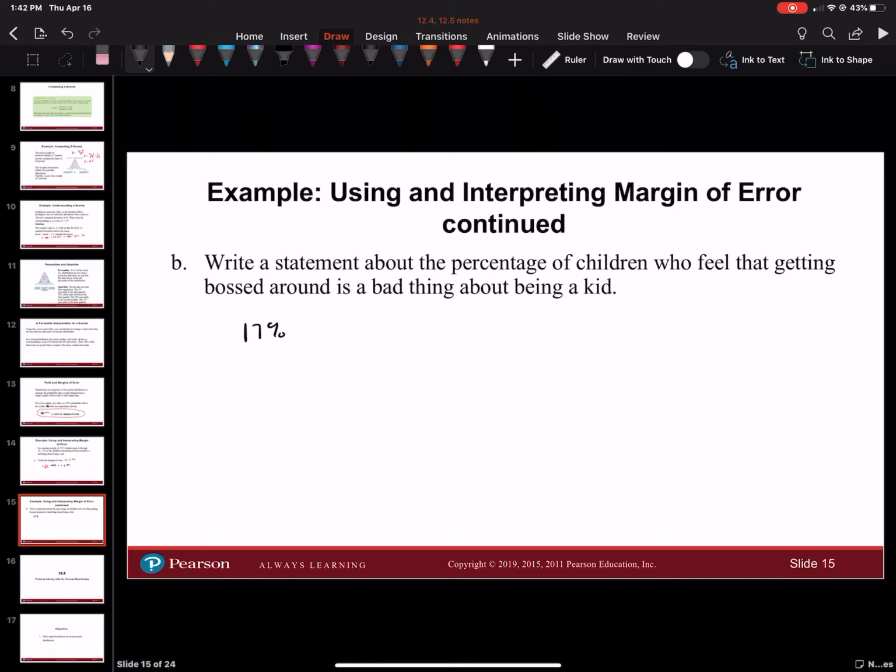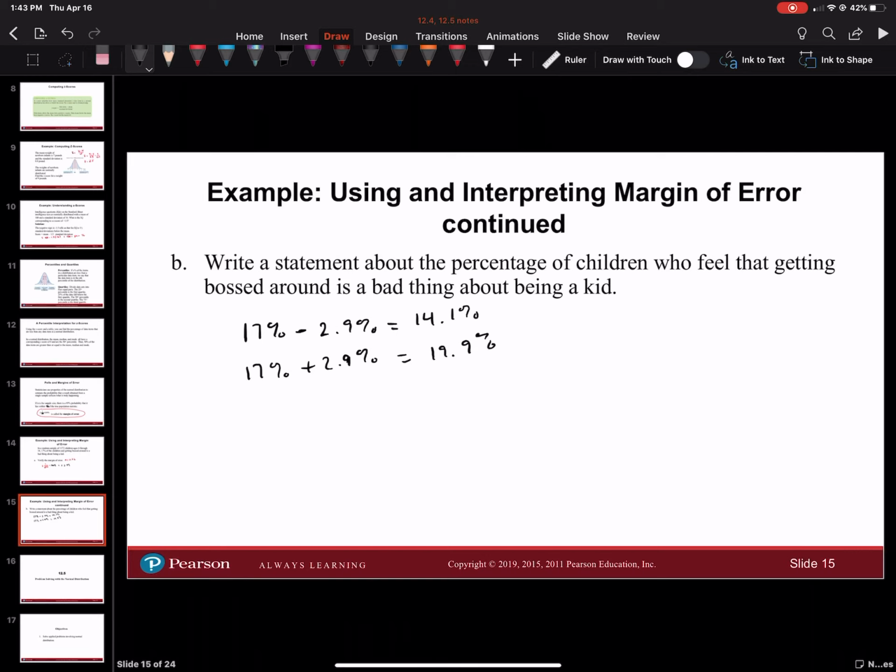So we're going to do 17% minus 2.9%, which will give us about 14.1%. Then 17% plus 2.9% is going to give us 19.9%.